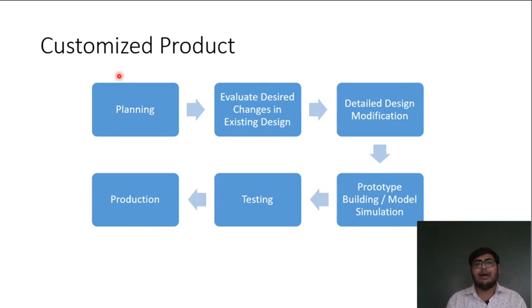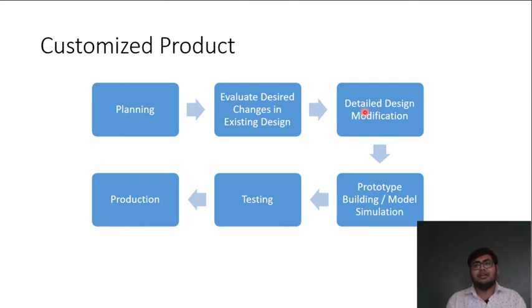You have some idea about the design, then you will do planning. The organization will do planning. They will evaluate the desired changes in the existing design, whether the design is modifiable or not, and whether there are any other changes that need to be done or not. This will all be checked.